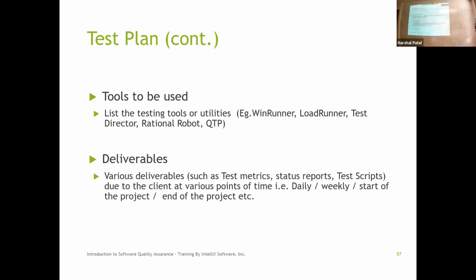Deliverables. It also talks about, hey, what all things I'm going to deliver. So one of the things you're going to find is, say you start quality assurance activity very early in the life cycle. And if the project was going to go for 6 months, your project manager is going to say, okay, tell me how you're going to show that you're making progress on time. Right? What all things are you going to produce along the time so that I know that you're progressing?